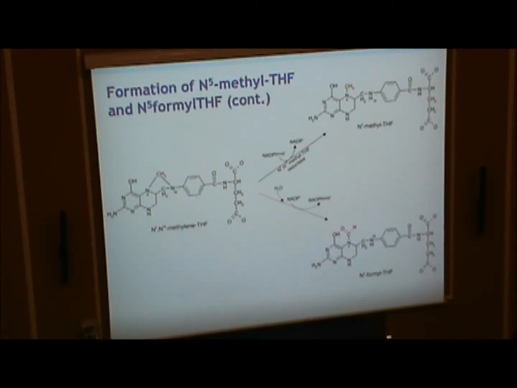The formyl group serves in biosynthesis processes, in biosynthesis of the purine ring, in biosynthesis of thymine.